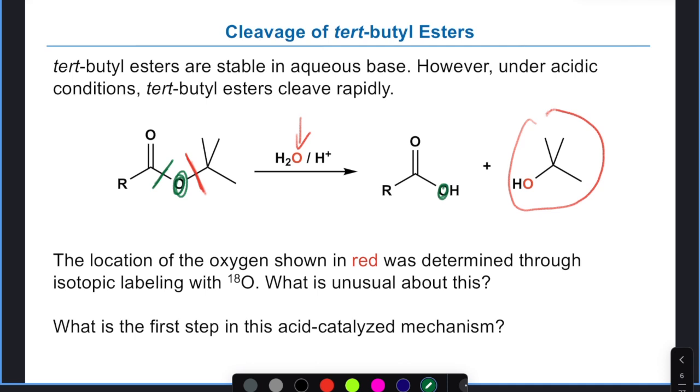This is really limited to something where you have that tertiary center here as your ester component or group. And again, how we prove this is usually done by isotopic labeling. If I had an isotope of O18 in my water, I can find that the O18 isotope only ends up with my tertiary butyl group.